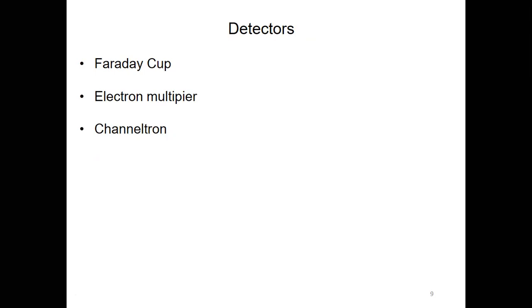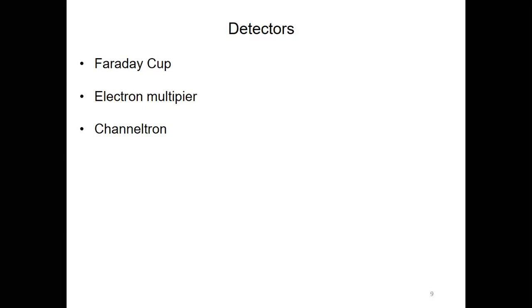So those are the detectors available. I will stop here, and next day let's discuss in detail all these examples: the detectors, mass analyzers, inlet system, and ionization source.